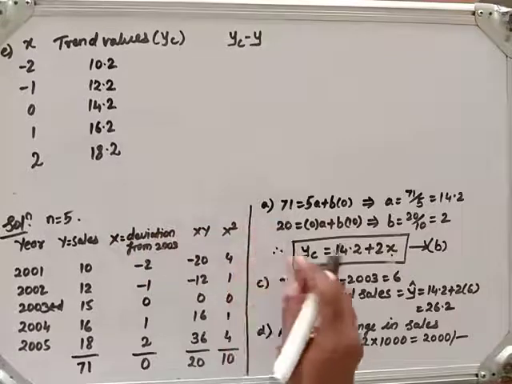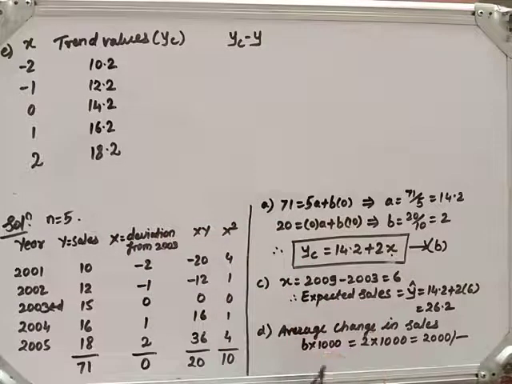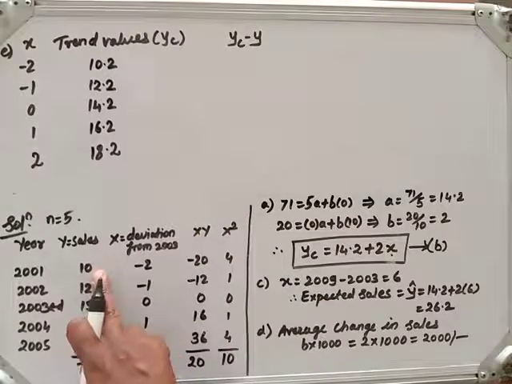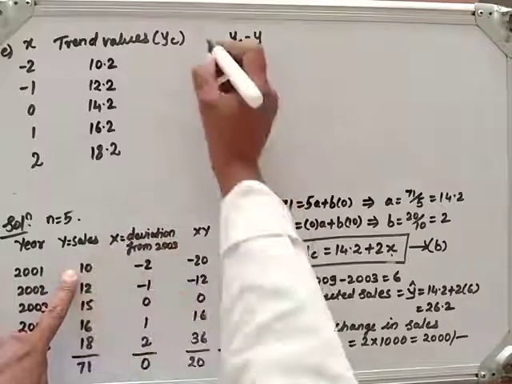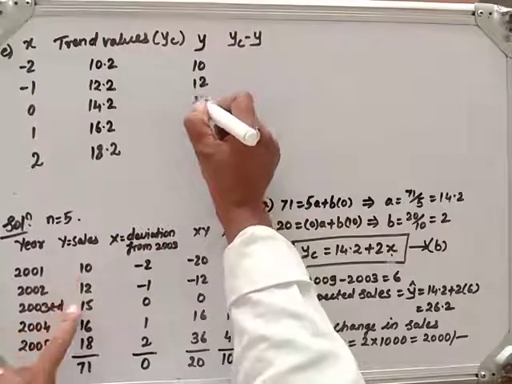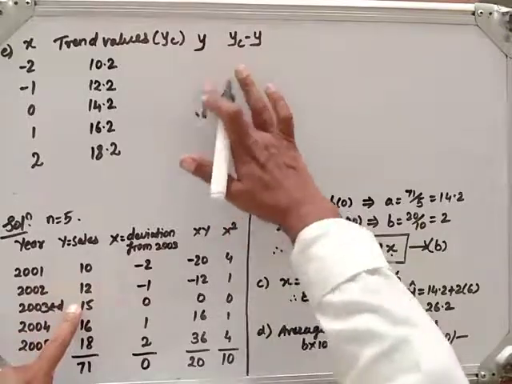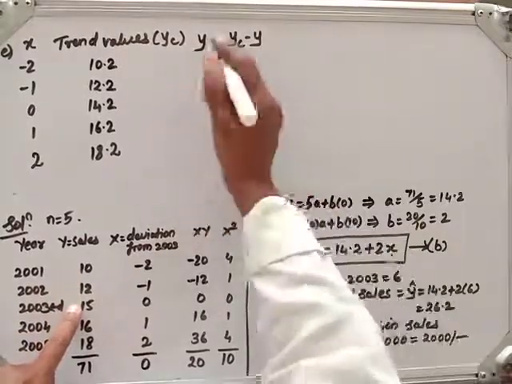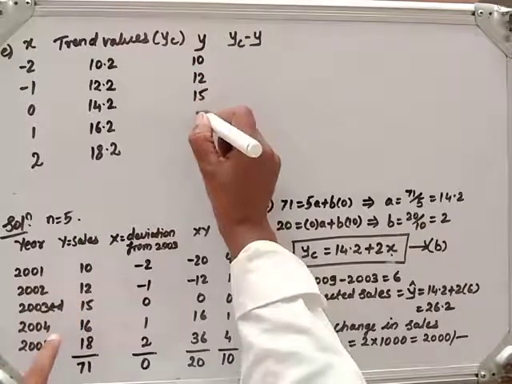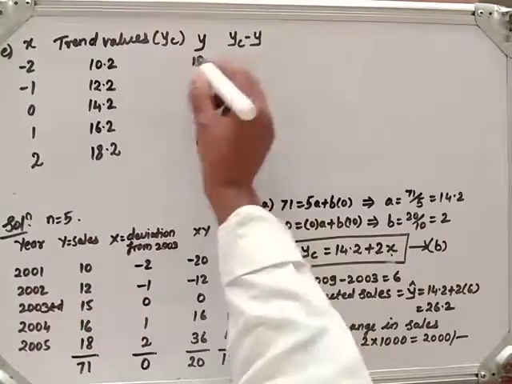Now, Yc minus Y. Y is 10, 12, 15, 16 and 18.